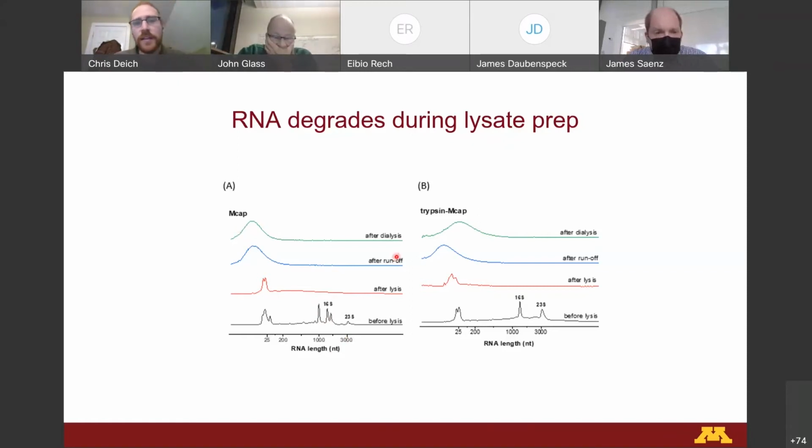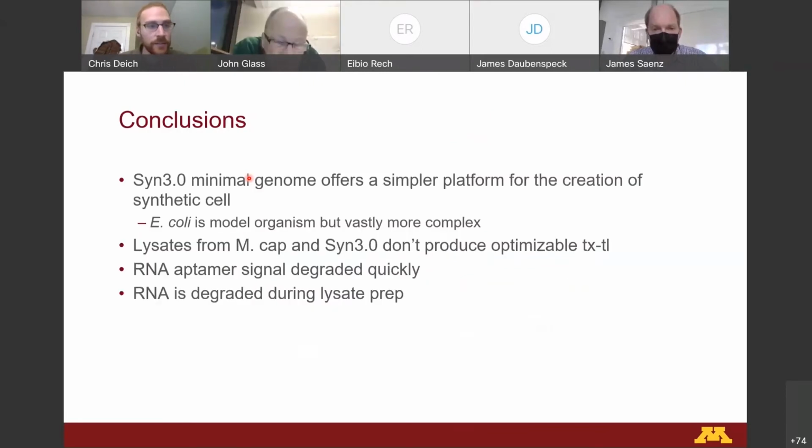And so this again points to the fact that the second we lose compartmentalization of the cell, we're getting a breakdown in RNA. So in conclusion, the SYN3 minimal genome offers a simpler platform for the creation of a synthetic cell. The E. coli model organism is a model organism, but it's vastly more complex.